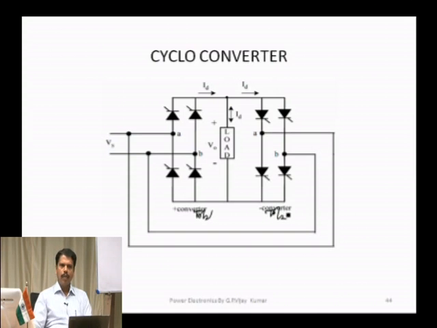During one duration we get positive rectified pulses, and during the negative cycle we get a rectified output, so that the frequency gets reduced. We will take this up in the coming classes, but this is an application of natural commutation. Wherever the input voltage is AC, we go for natural commutation.